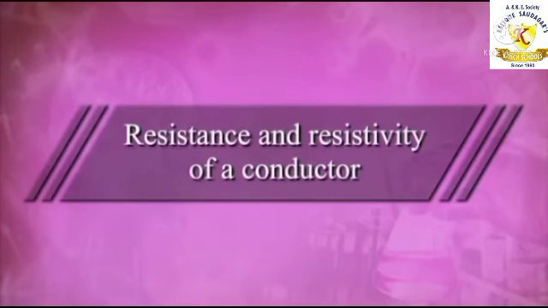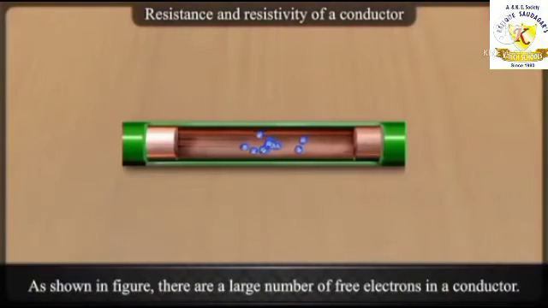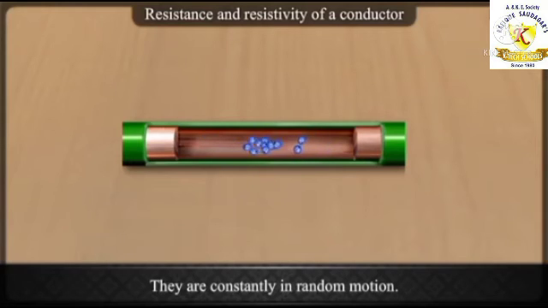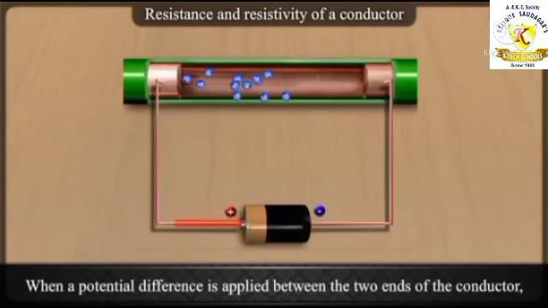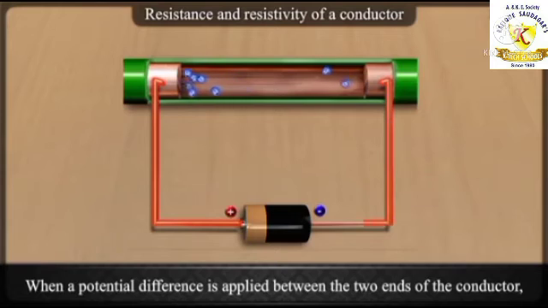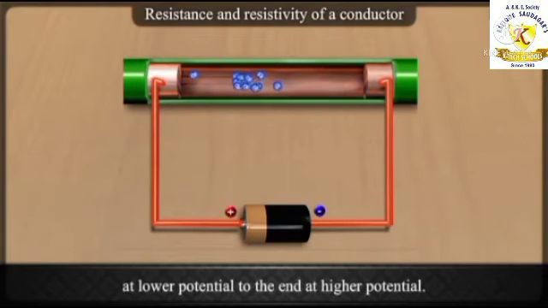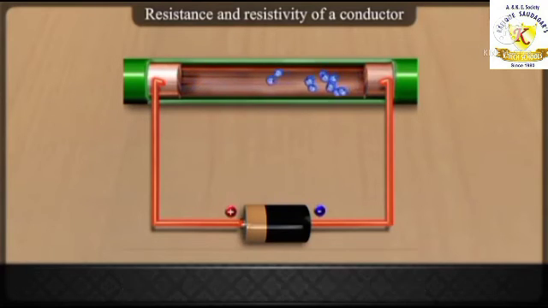Next, resistance and resistivity of a conductor. As shown in the figure, there are a large number of free electrons in a conductor. They are constantly in random motion. When a potential difference is applied between the two ends of the conductor, these electrons start moving from the end at lower potential to the end at higher potential.